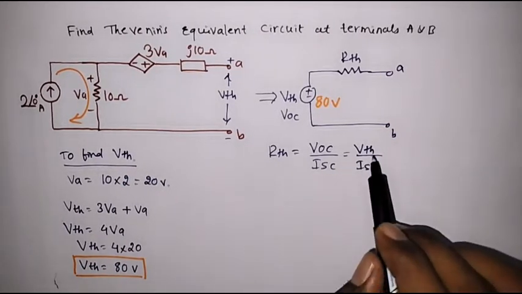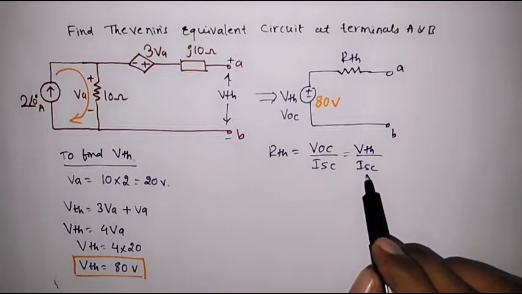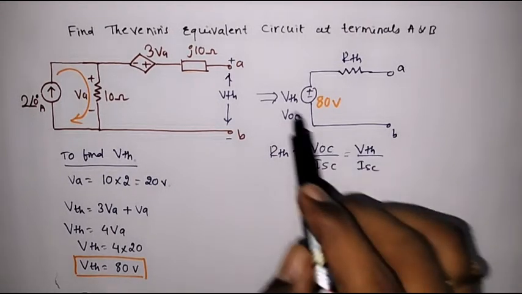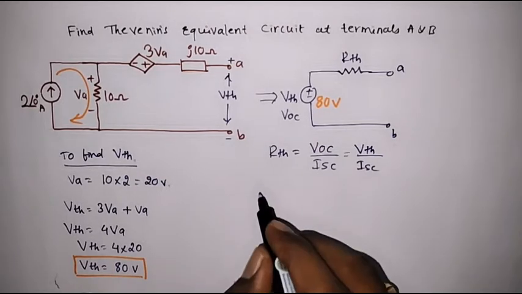Anyhow, we have already calculated VTH. Now we'll try to calculate ISC. ISC is the short circuit current which is obtained when terminals A and B are short circuited. Now I'll draw the equivalent circuit.